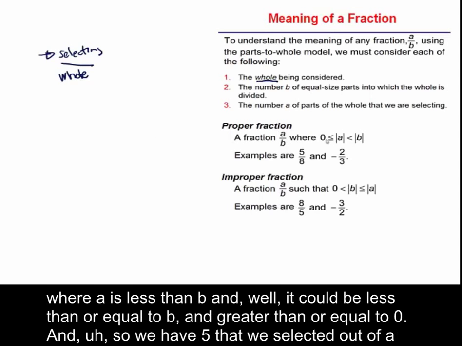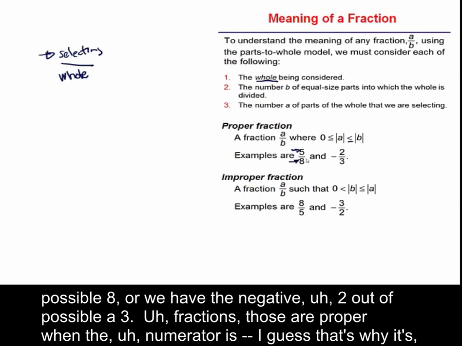So A to B, where A is less than or equal to B, and greater than or equal to 0. And so we have 5 that we selected out of a possible 8, where we have the negative 2 out of a possible 3.